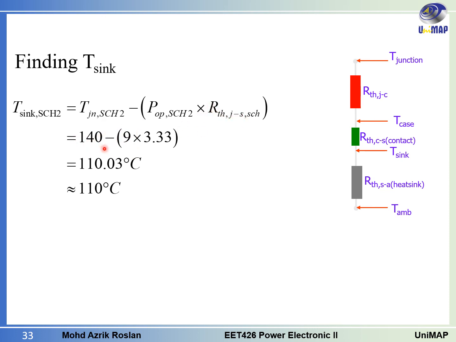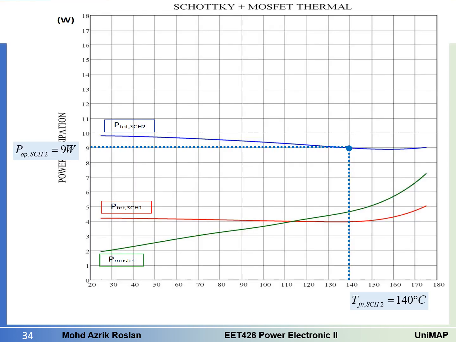So 140 minus 9 multiplied by 3.33, we will get 110.03 degrees C, which we can round to 110 degrees C. So here the T-sink is 110, and we can draw a straight line from here.